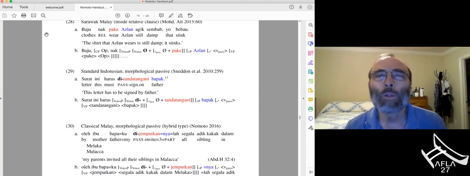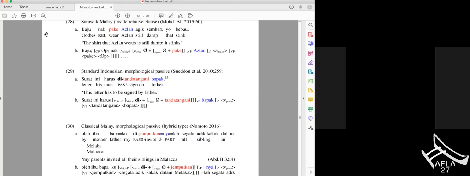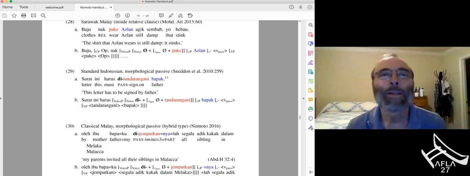But you found the facts were different? I can't remember that. So the example was like, himself was surrendered by Bapa, something like this, right? Right.